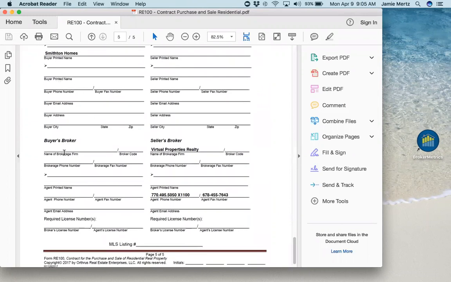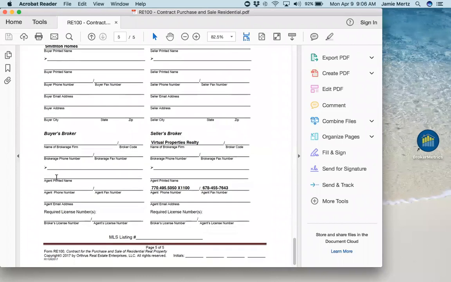Then you'll need to go down and make sure that you fill in, whether you're the buyer broker or the seller broker, your information. It will be your brokerage firm, your brokerage code, the brokerage main phone number, 770-495-5050, the brokerage fax number, 770-622-5055.